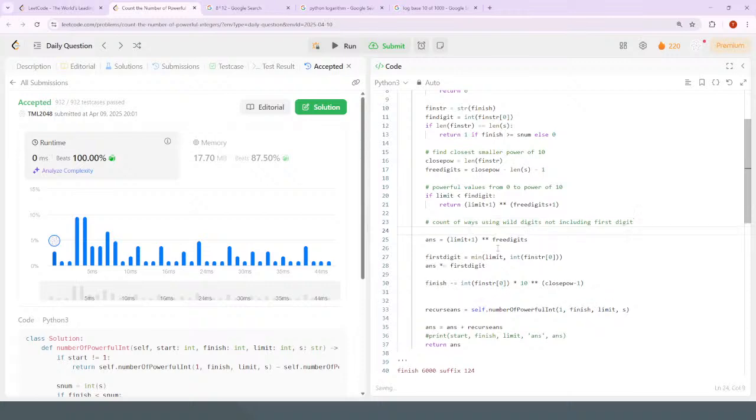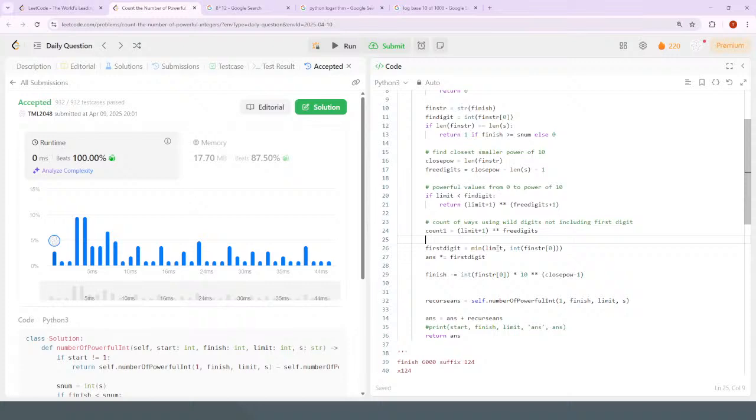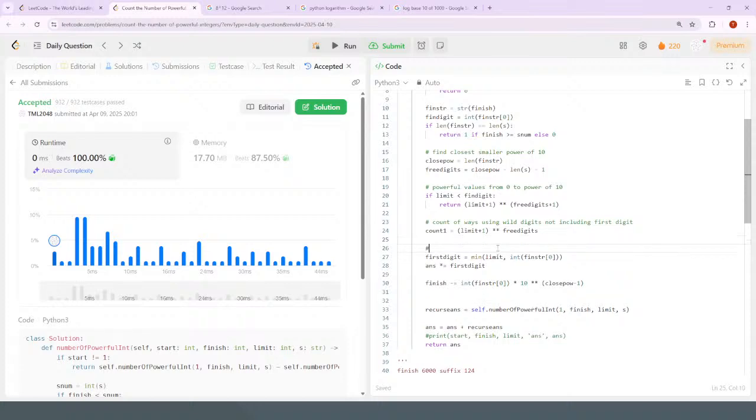So this is count 1, and then this is the possible first digits.